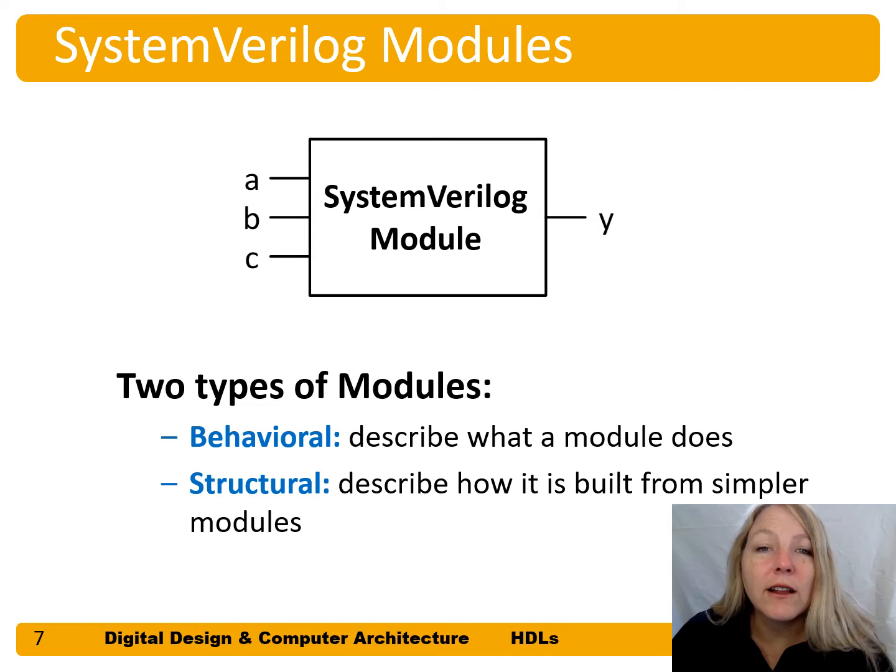Structural modules, on the other hand, describe how the modules are put together. So they're built from submodules. And typically, the lower level modules are behavioral, and the higher level modules put those lower level behavioral modules together in a structural way, where we have a bunch of submodules that we instantiate and connect together.